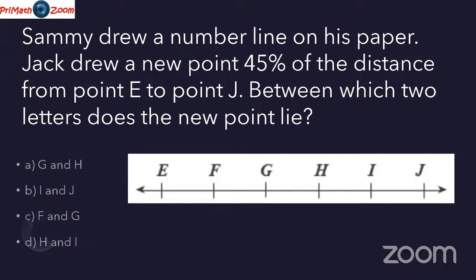Now, the next question says, Sammy drew a number line on his paper. This is the number line that he drew. Jack drew a new point 45% of the distance from point E to point J. Between which 2 letters does the new point lie?